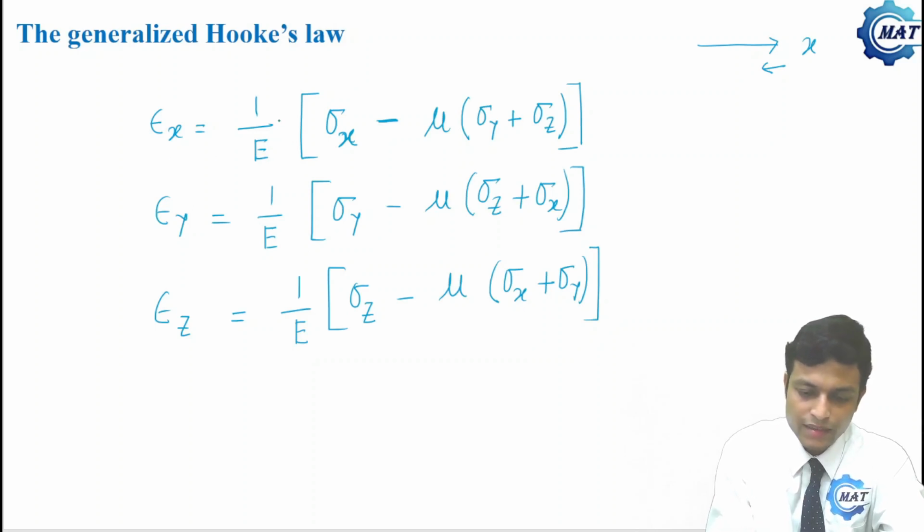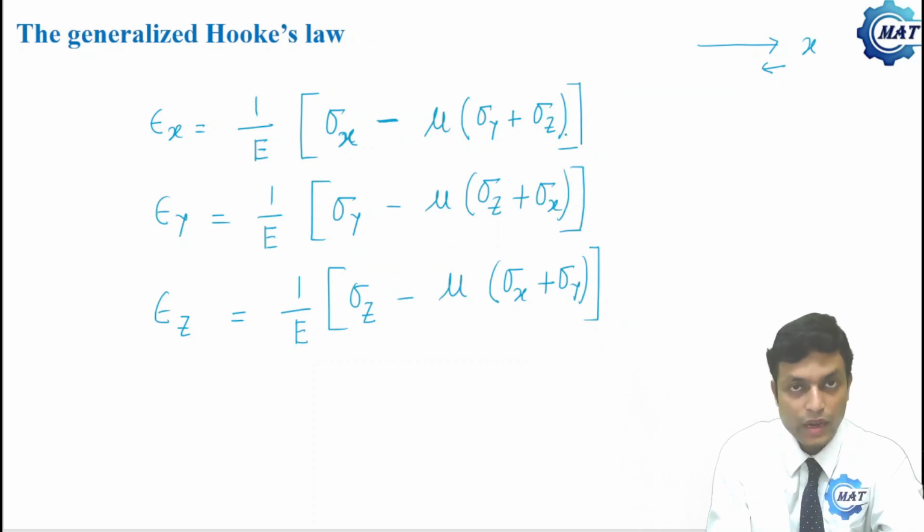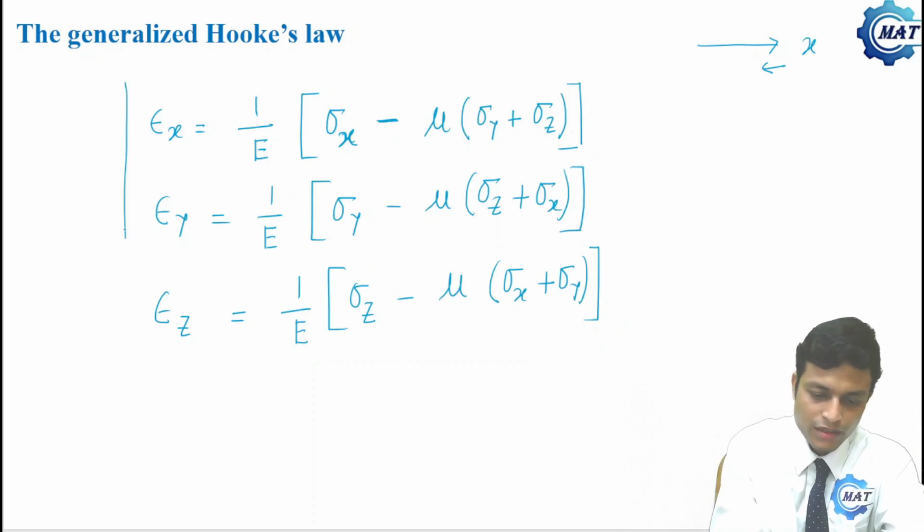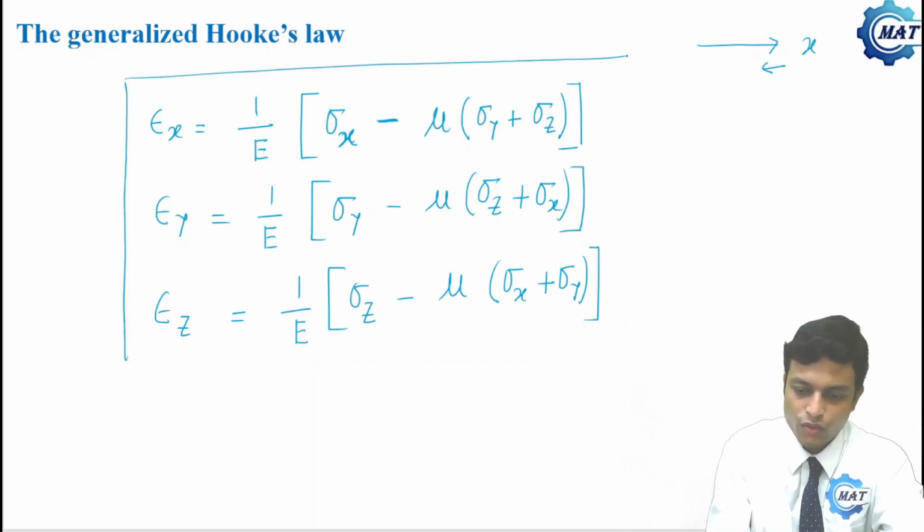So epsilon x is 1 by E, sigma x minus mu, sigma y plus sigma z. Here epsilon y is 1 by E, sigma y minus mu, sigma z plus sigma x, and here epsilon z is 1 by E, sigma z minus mu, sigma x plus sigma y. So this is called generalized Hooke's law.